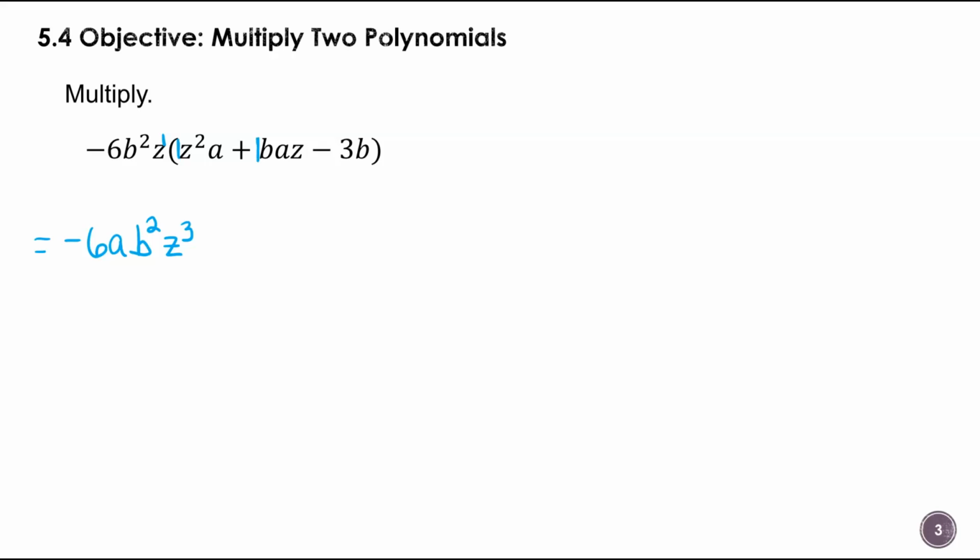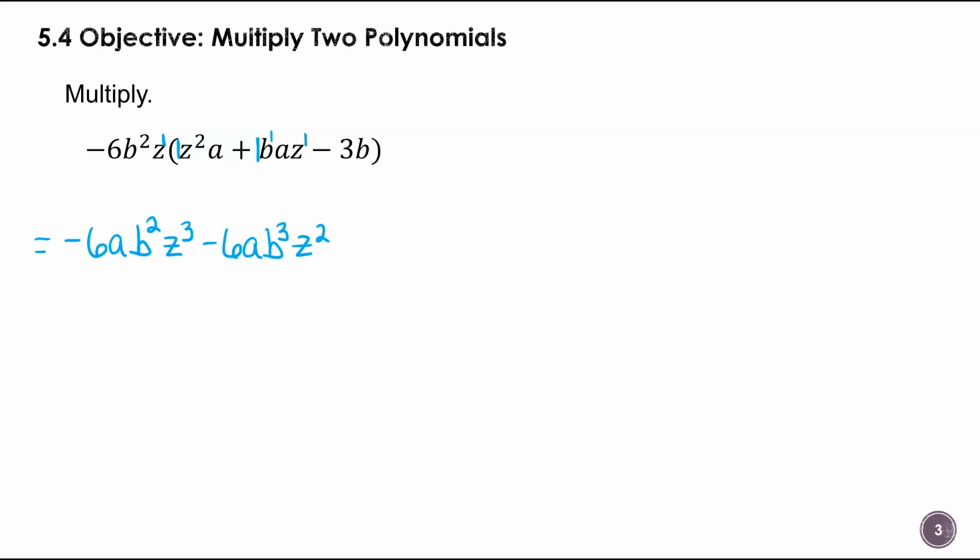So I'm going to have negative 6 times 1. And then I'm going to keep the a. On the b's, I have b squared times b to the first. So that would be b to the third power, right? 2 plus 1. On the z's, I have a 1 for each of them. So it's z to the second power.